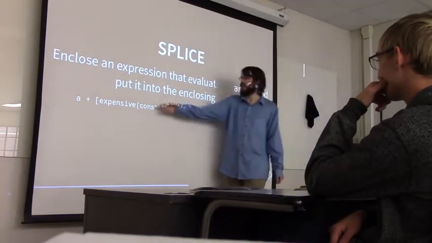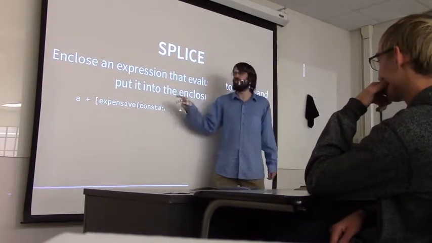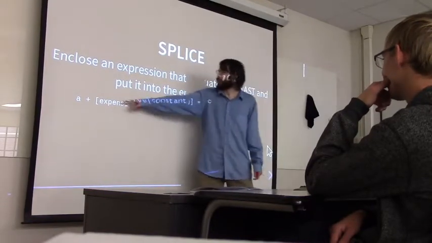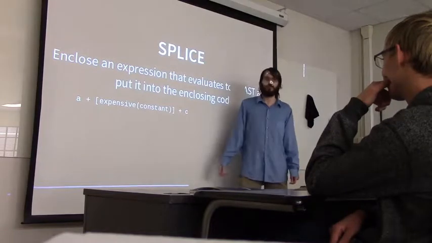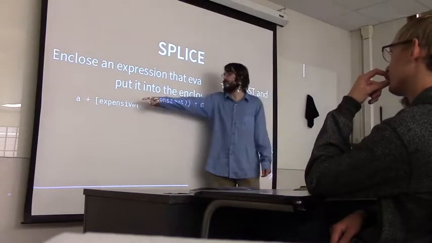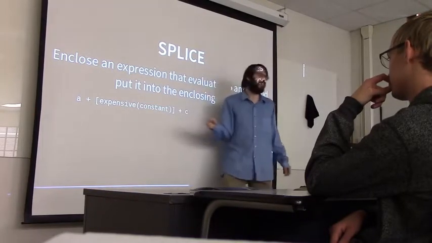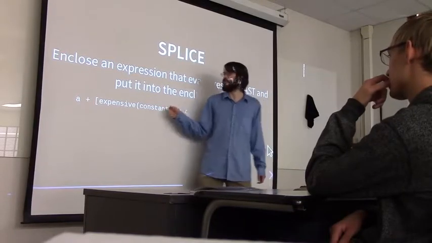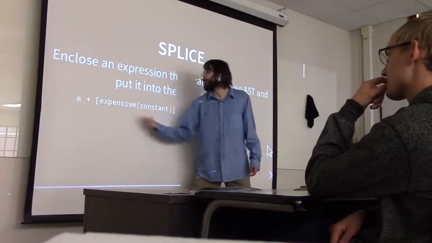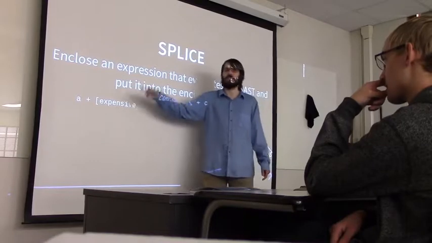So say we have an expensive operation on a compile time constant that we don't want to compute in this quick inner loop every single time through. And because in Terra, every number literal is a valid AST for a number literal, any function that evaluates to a number, you can just splice in as a compile time constant. So this expensive operation happens once at compile time, and its result gets compiled into the code as a constant.